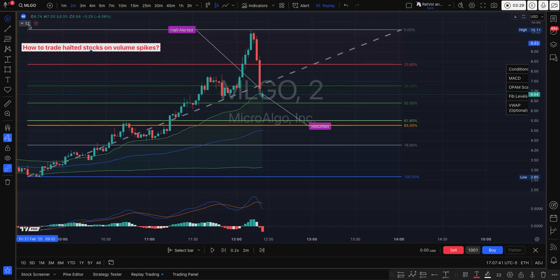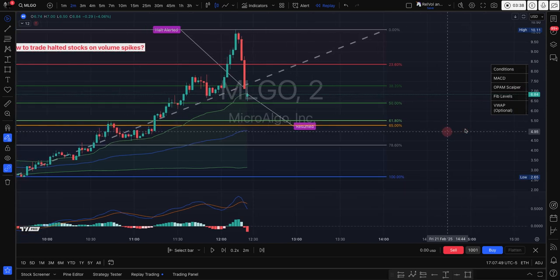All right, so here I do have the VWAP activated. You don't need that. You only need a couple of conditions to meet: MACD, and then the One Punch Algo scalper, which is the scalper that I have and have given to the Discord users. And then fib levels need to be drawn properly.